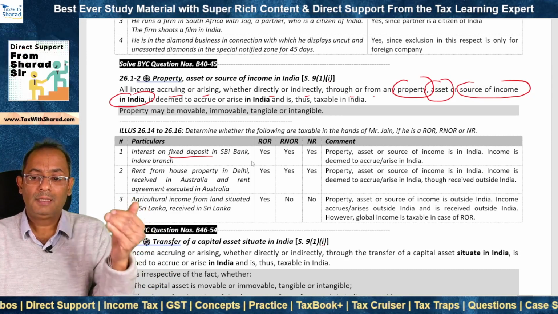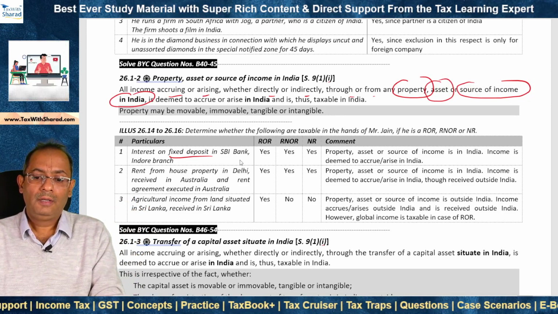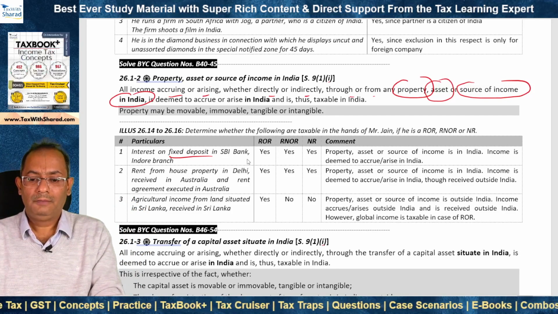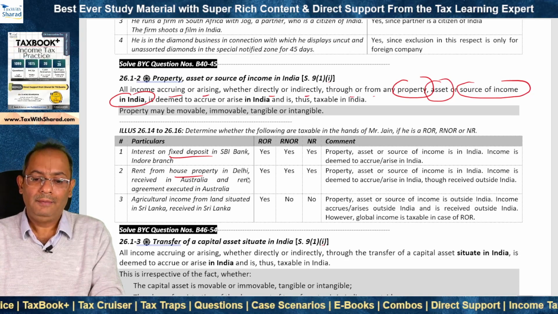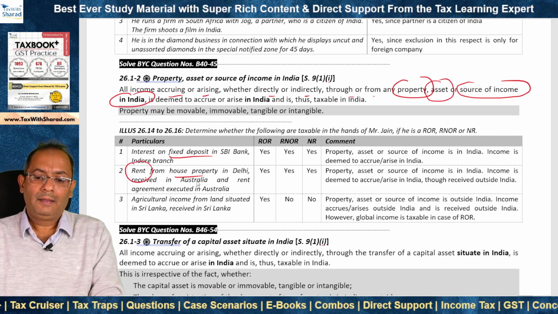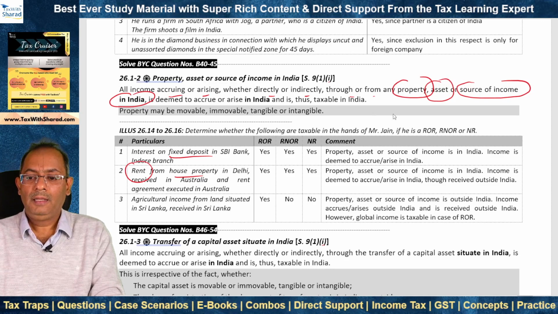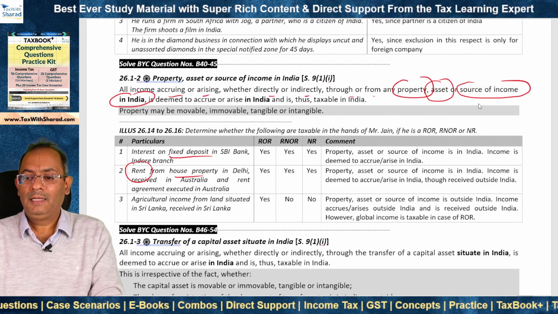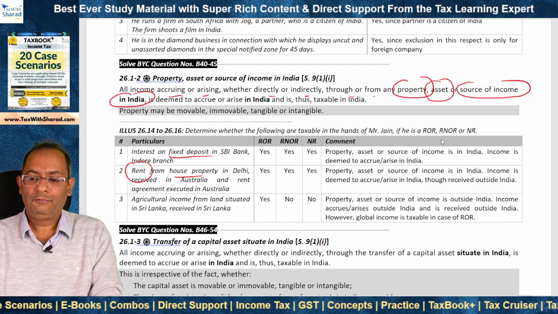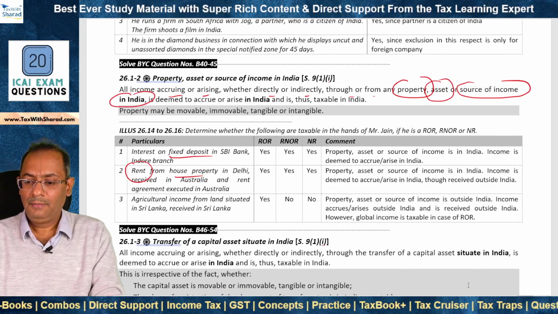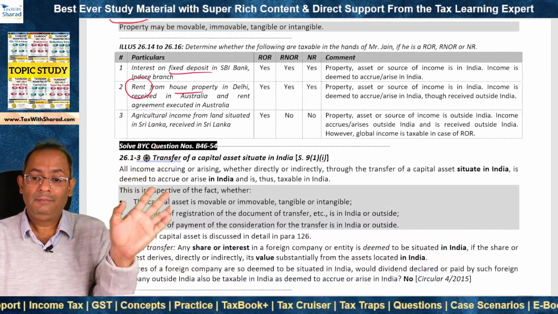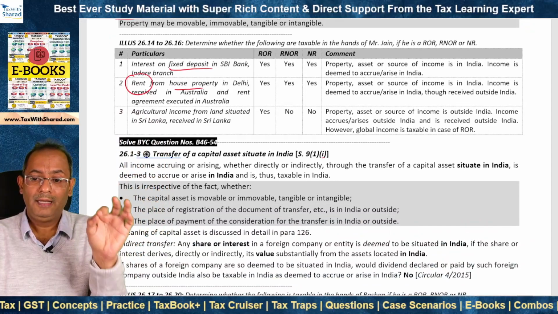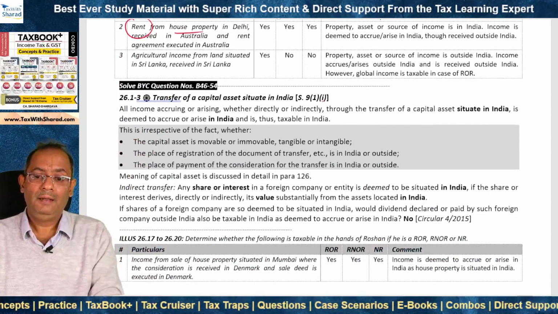So the fixed deposits are in India, and therefore the income or the interest will be taxable in India. Similarly, if there is a house property in, say, Delhi, right? The rent is the income from such house property. Therefore, the property, asset or the source of income is in India, and therefore the rent will be taxable in India. Even if the rent is received outside India, it doesn't matter, since the accrual or arisal of that income is happening in India.